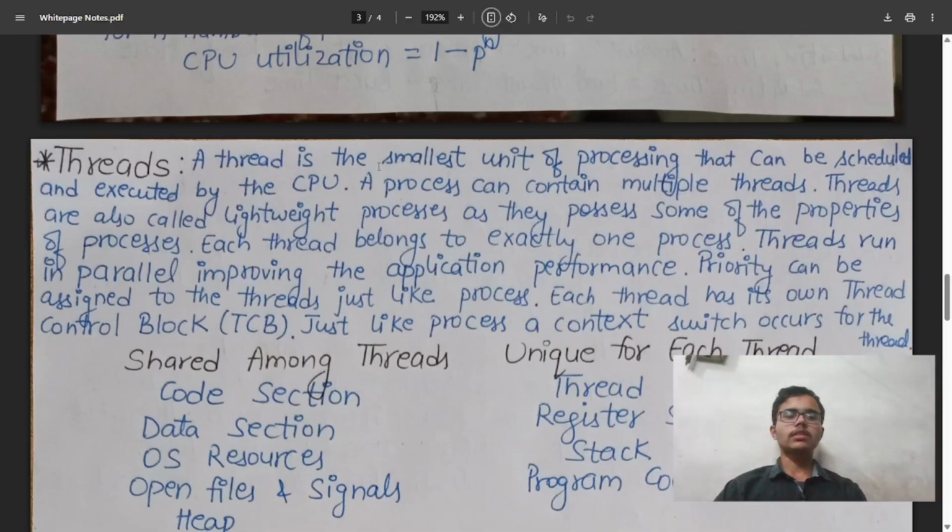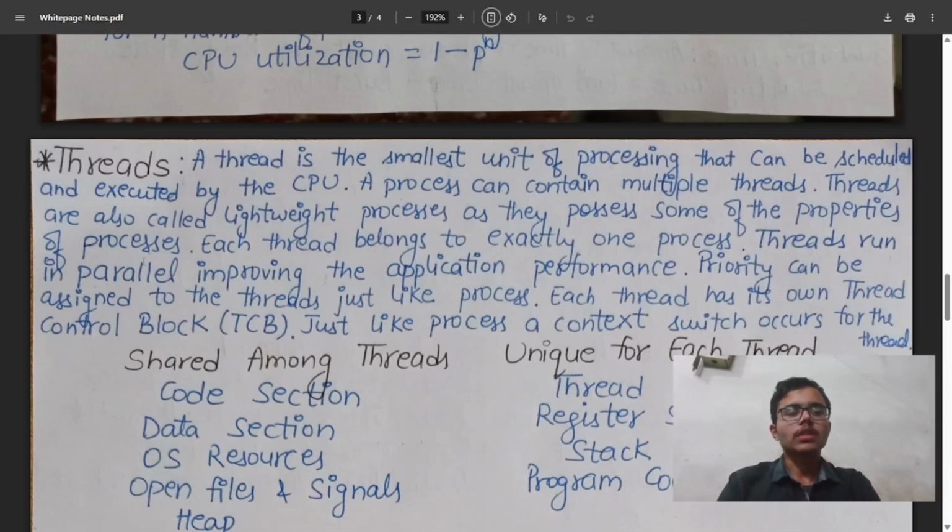A thread is the smallest unit of processing that can be scheduled and executed by the CPU. A process can contain multiple threads. Threads are also called lightweight processes as they possess some of the properties of processes.